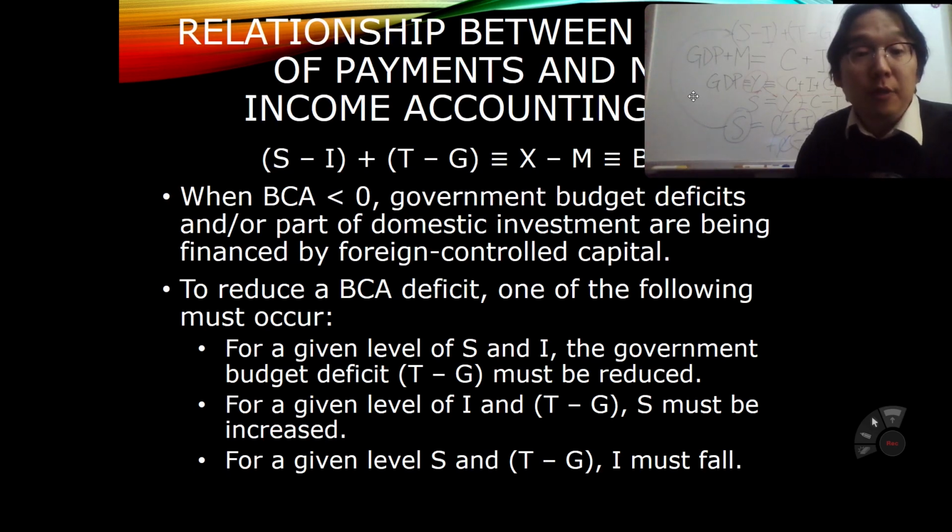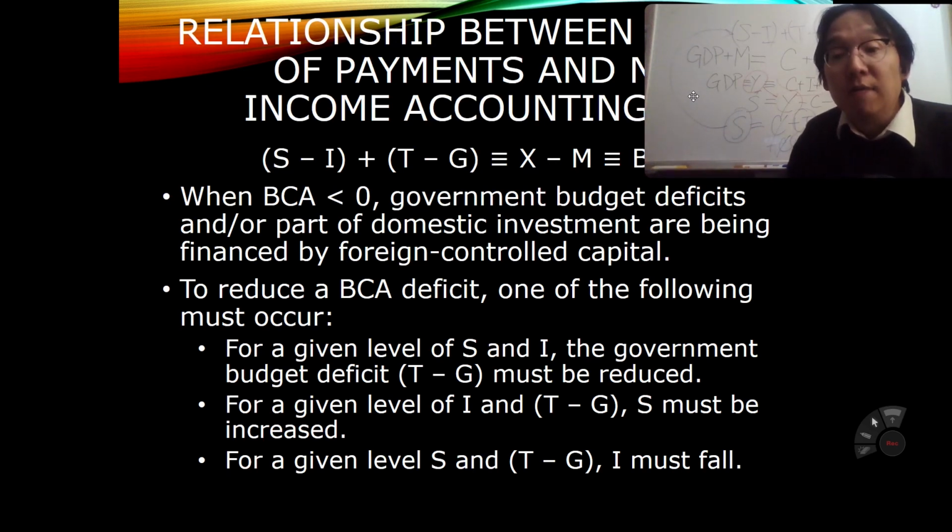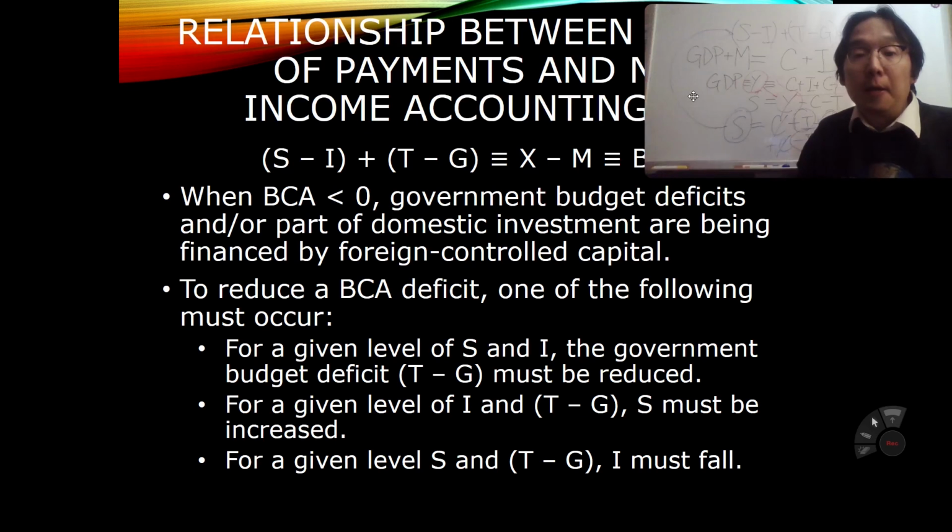And for a given level of investment and tax minus government spending, savings must be increased, right? If you don't save, how could you build up your current account surpluses? That's the intuition. For a given level of savings and the government spending and tax amount, investment must fall to reduce the balance deficit, right?